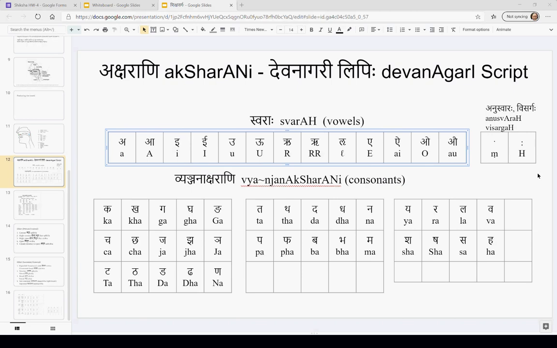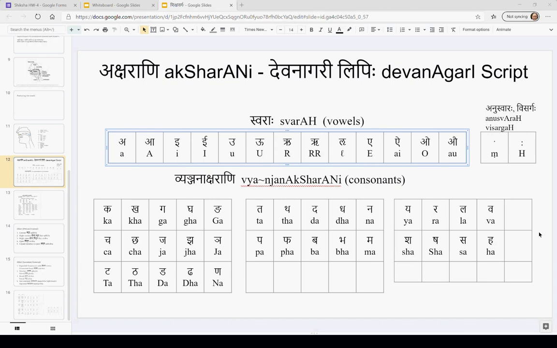There are these in between also a few, 3 vowels here, which we'll take up next week, because these are related to the consonants here. That's why I have not covered them so far.